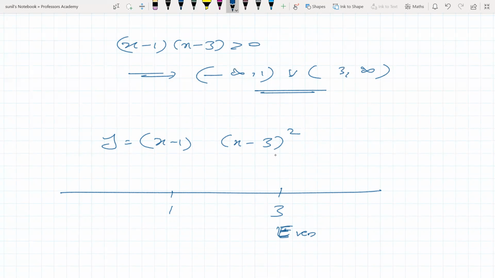So if you put any value greater than 3, it is positive. Here also it is positive. But if you take any number less than 1, this is negative. So the graph will be something like this. The graph is going to get reflected at this point.